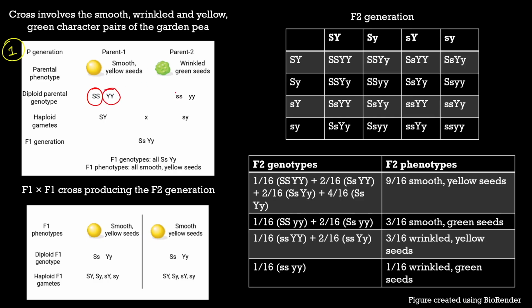And similarly, you have the small ss and the small yy, which is for the wrinkled green seeds.